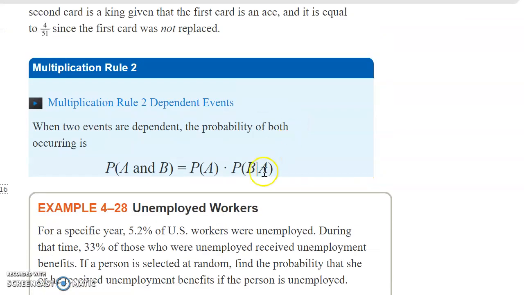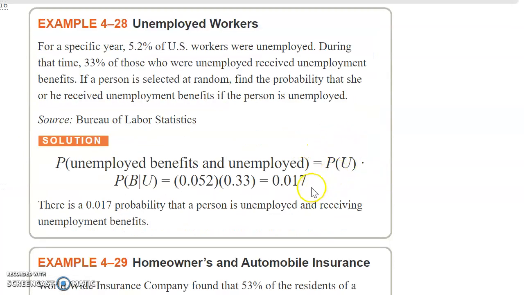So what's our formula? The first event is being unemployed. The second event is collecting the unemployment benefits given that you're unemployed. Okay, so it's just plugging in the formula. The probability of getting the benefits given that you're unemployed is given to us as being 33%.